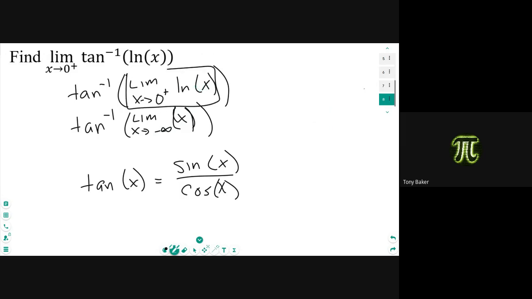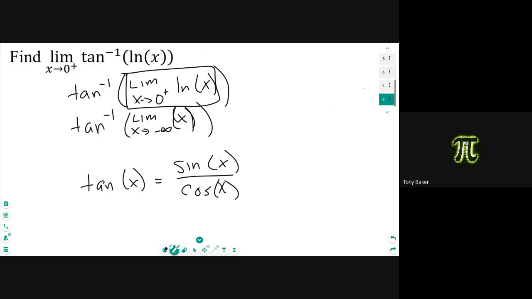As x is going to 0, ln of x is going to negative infinity. Correct? We can never evaluate at negative infinity.